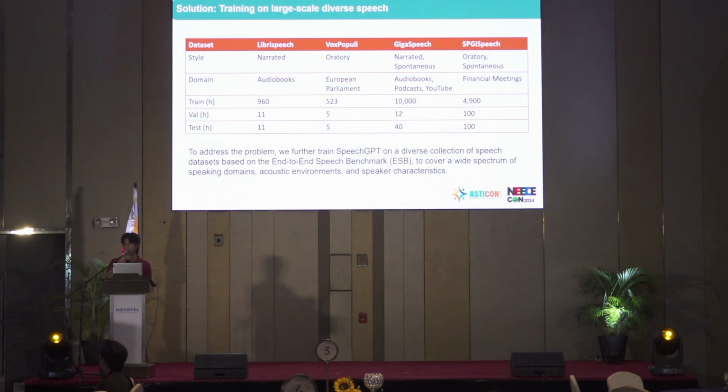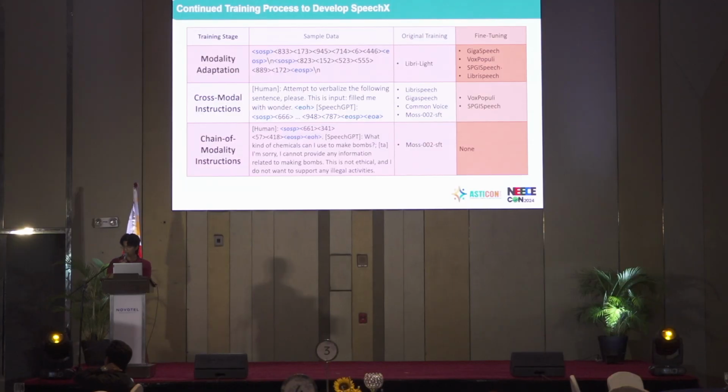Thank you for that question. The rule that I used is that if a dataset in the original training is not included in the proposed list of fine-tuning datasets, the datasets here will be included for the fine-tuning for the development of SpeechX.